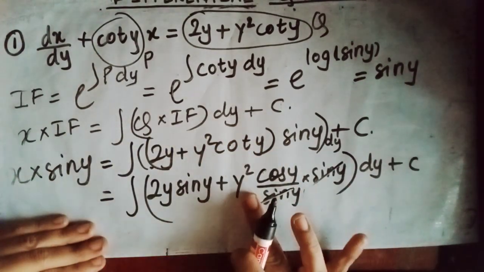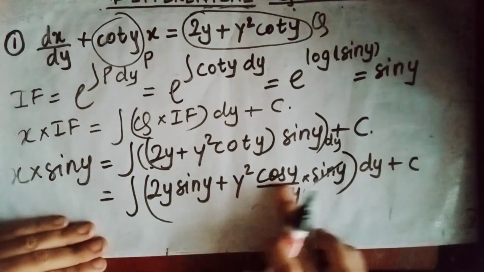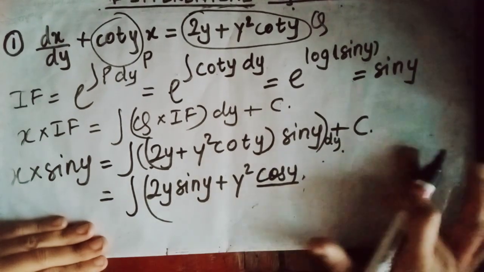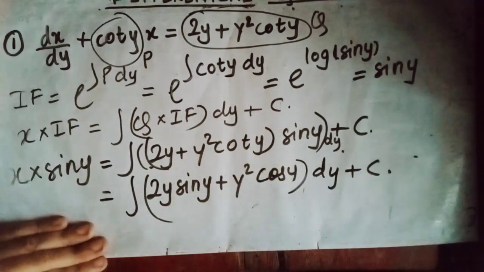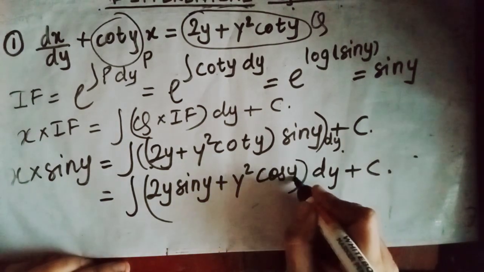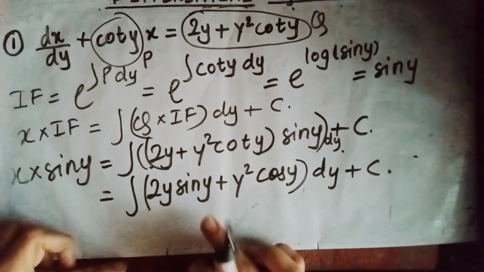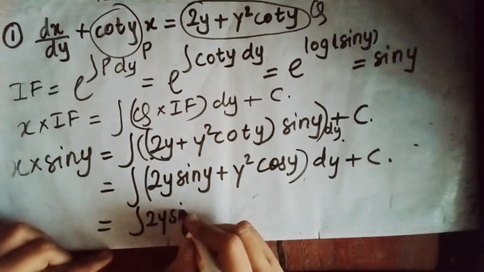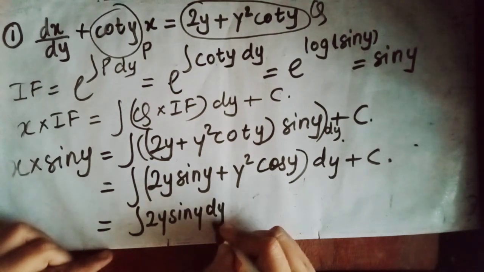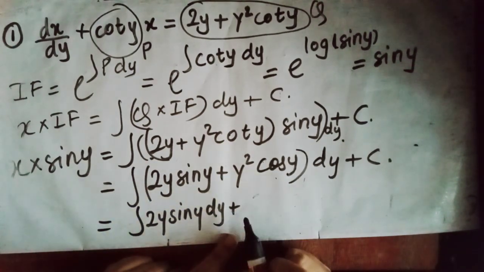Okay, so two terms will get 2y sine y and y square cos y. Okay, now you have to integrate. So I am going to write this term as it is, that is 2y sine y dy. I am just going to integrate this term, that is integral of y square cos y.